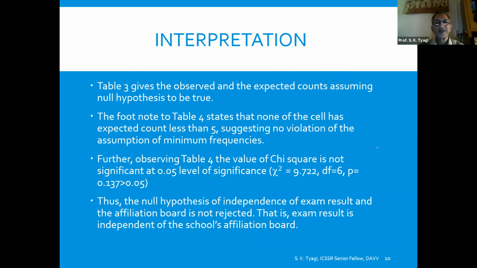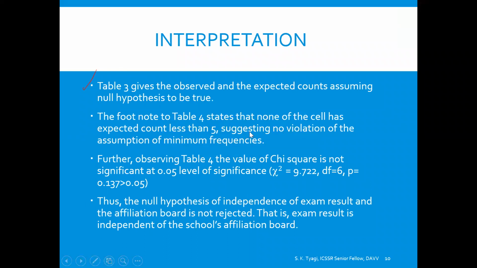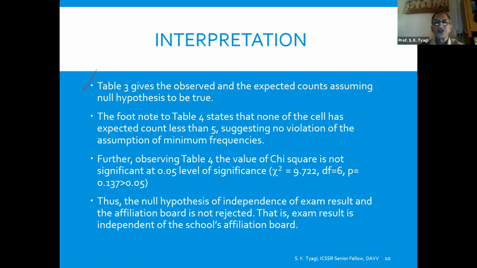Now, this is how we interpret table 3. Table 3 gives you the observed and expected counts, assuming the null hypothesis to be true.